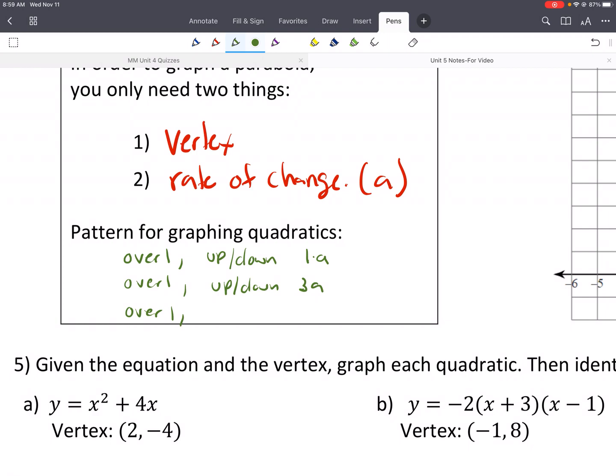Over 1, up or down 5A. And this would continue to go on. 1, 3, 5, 7, 9, 11. Okay, it's just all odd numbers.